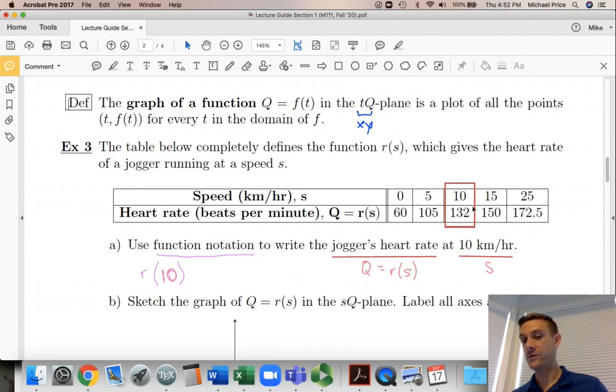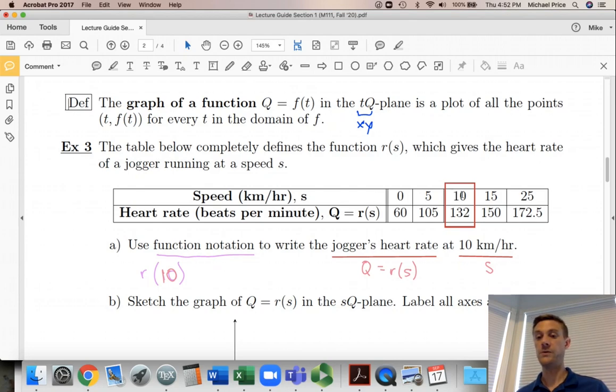If we had asked for 12 or 20 or something like that, it turns out this function would not have an answer. Just because we can kind of mentally fill in the gaps doesn't actually mean that we can do it necessarily. And one of the phrases here completely defines this function. That's one of the ways I'll try to indicate that we really can't fill in the gaps here. These 5 points are all this function knows.